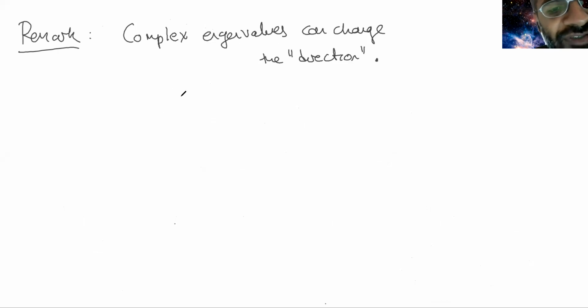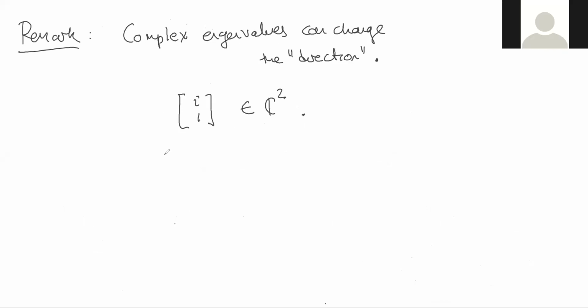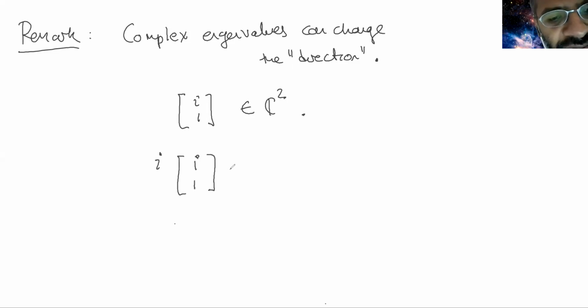For example, consider the vector (i, 1) in C2. It is true that if you multiply this by i, that's scalar multiplication, and now you get the vector (-1, i). But you can't really say this is parallel to that.